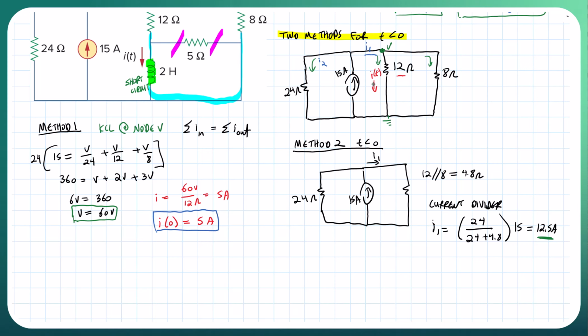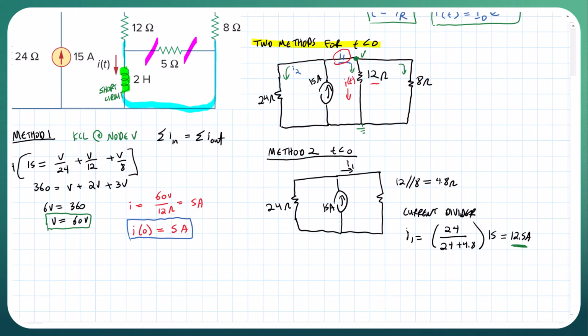So what we're going to do now, we have this current up here, we already called it I, and we're going to use that again. We have this I1, which is what we just determined to be 12.5.